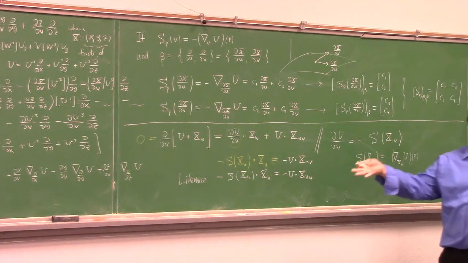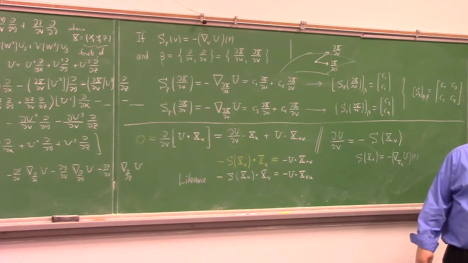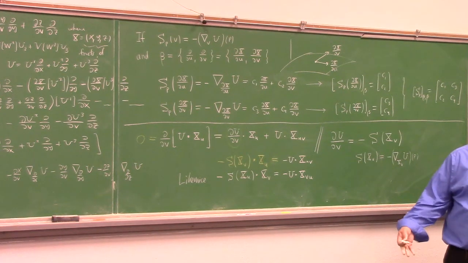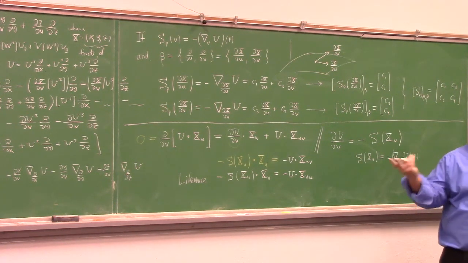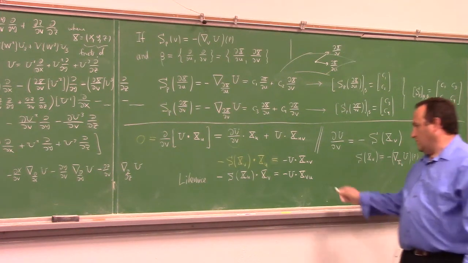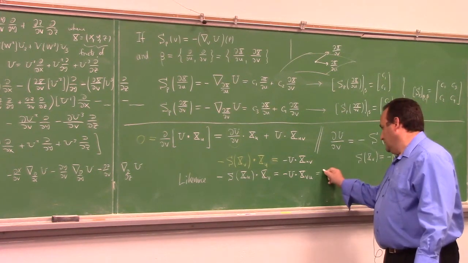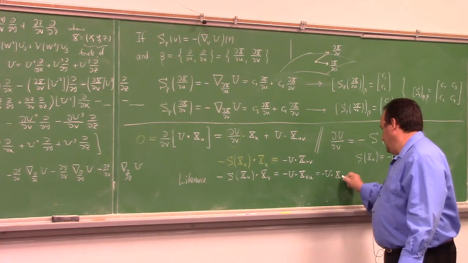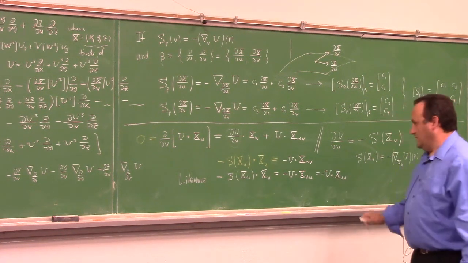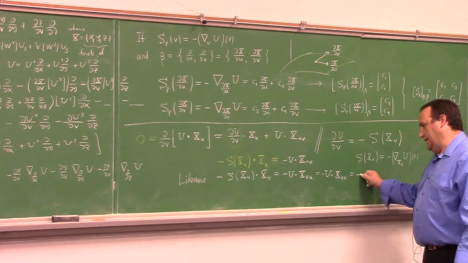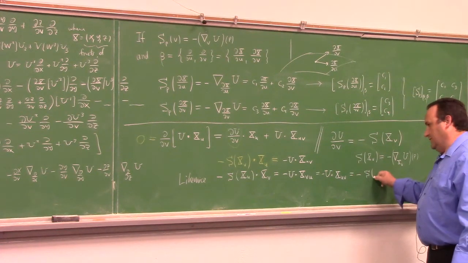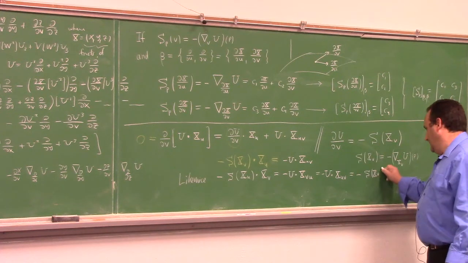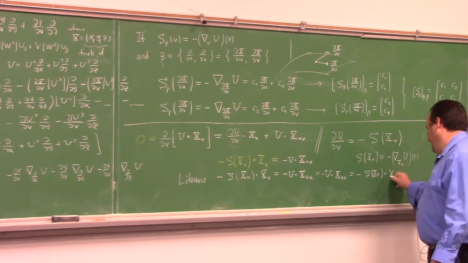But we're assuming that the patch is regular, that it's in fact smooth, so we can commute partial derivatives. And so this is equal to minus u dot xuv, which then is equal to minus S of xv dotted with xu.